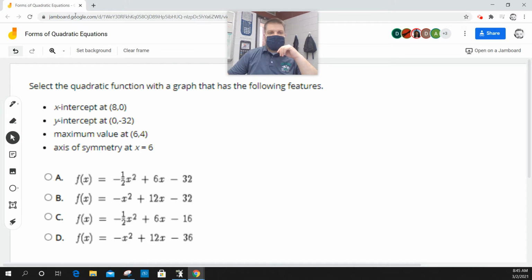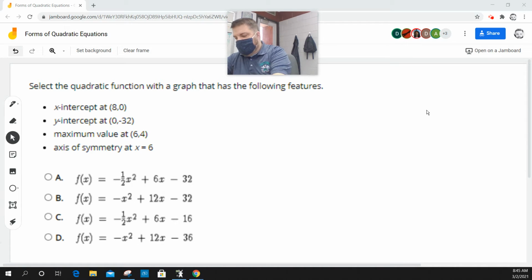All right, so this one says select the quadratic function with the graph that has the following features. It has an x-intercept at 8, at 8 comma 0.